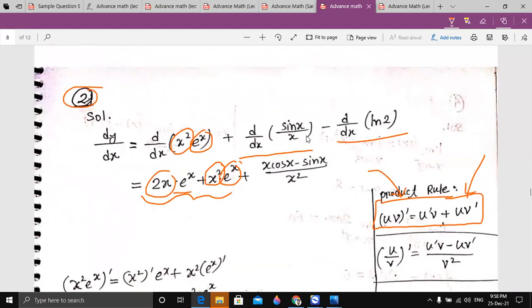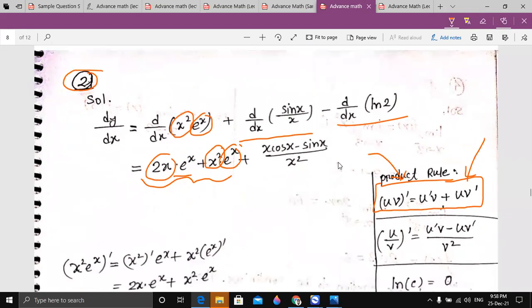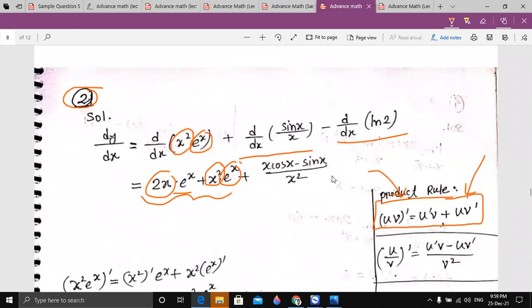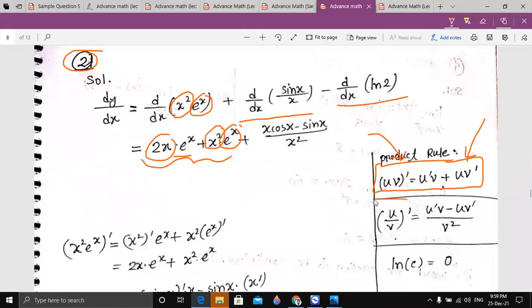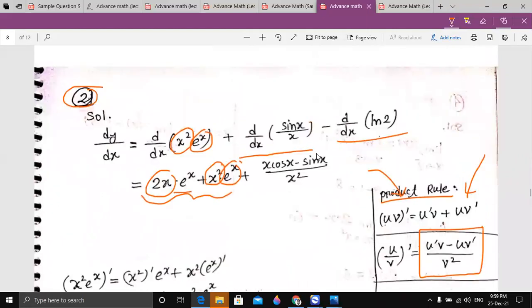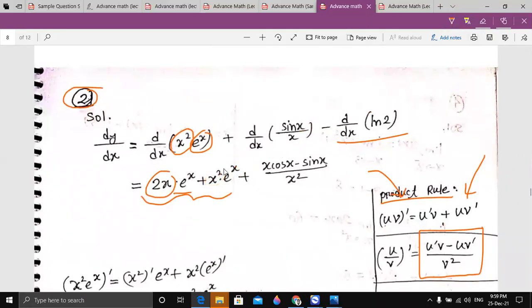And d/dx of sin x by x, this is like u by v. This is the divide rule. So the derivative of u by v is u derivative v minus u v derivative, by v squared.